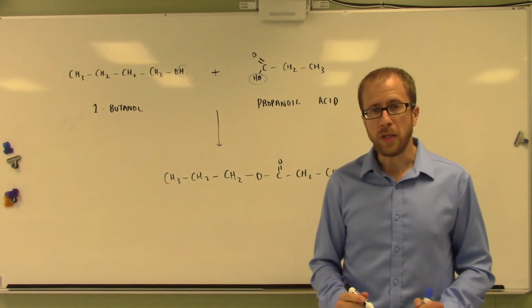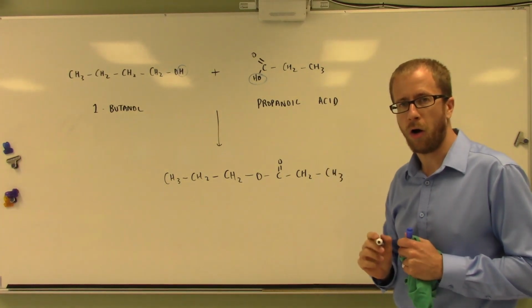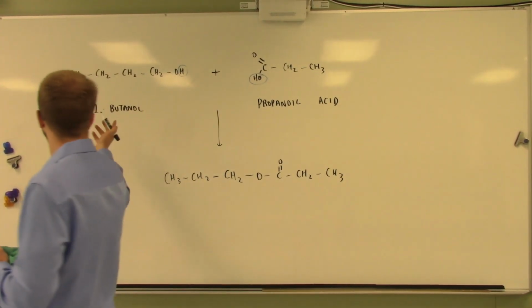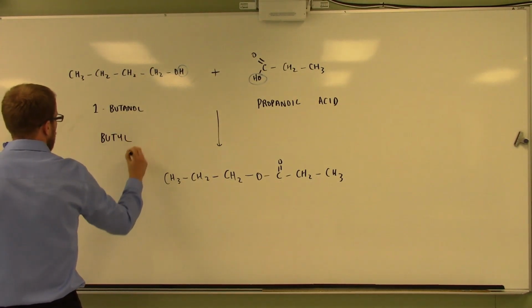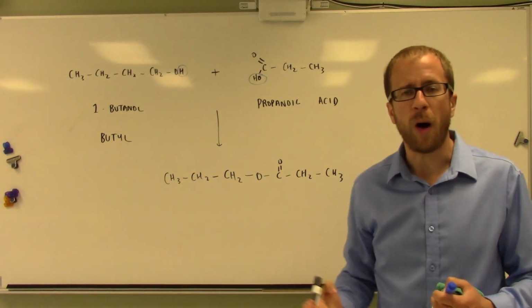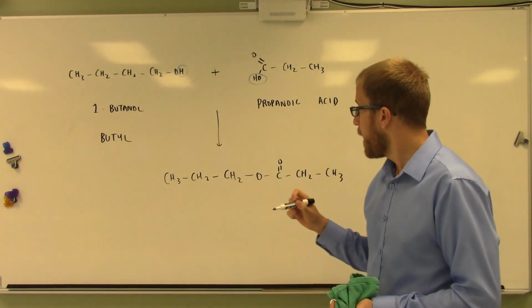So how do I name this compound? Well, we are going to take the alkyl name of our alcohol, which is what? Since it's a 4-carbon chain, the alkyl group would have been butyl. If we had a 4-carbon substituent group off of a hydrocarbon chain, we would call that butyl.